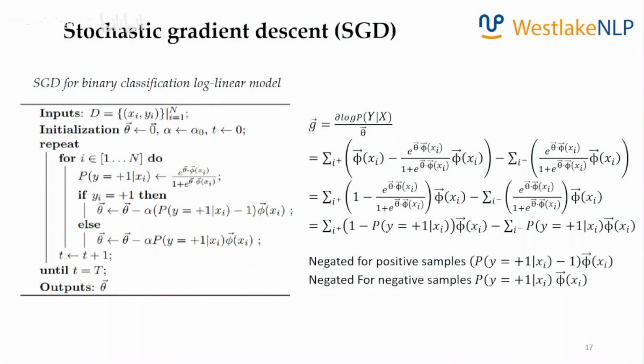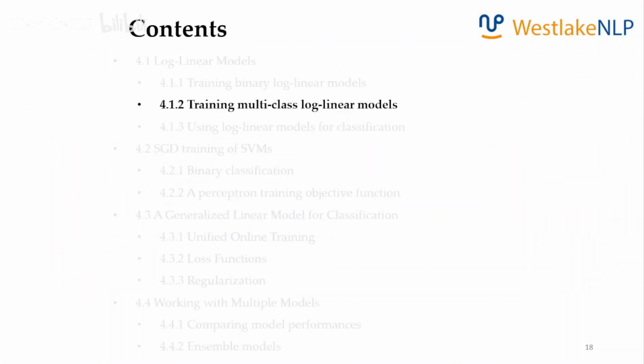Alright, so after we learned the binary case, let's move on to the multi-class case. You remember, for multi-class classification, we had a softmax function over theta dot phi instead of a logistic regression case.